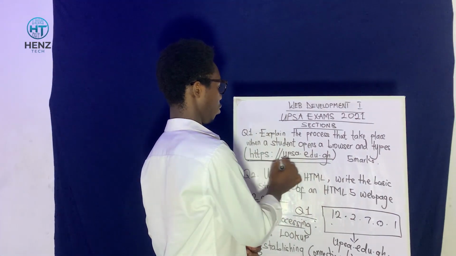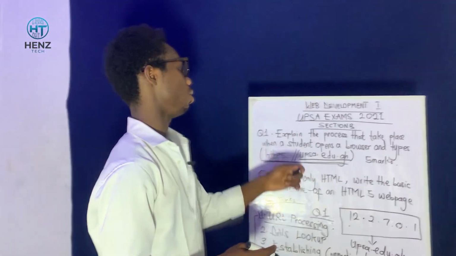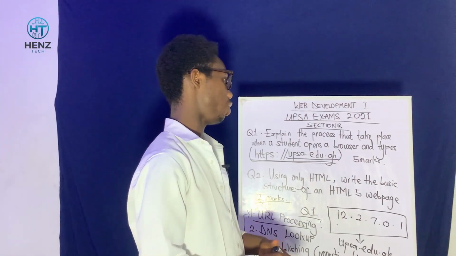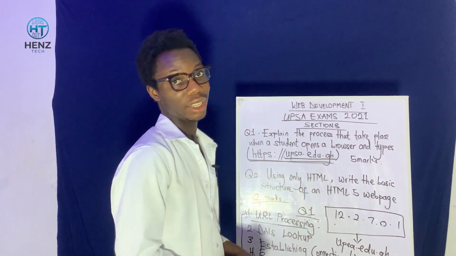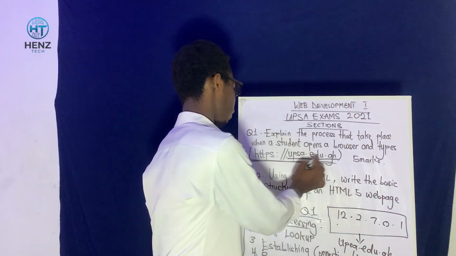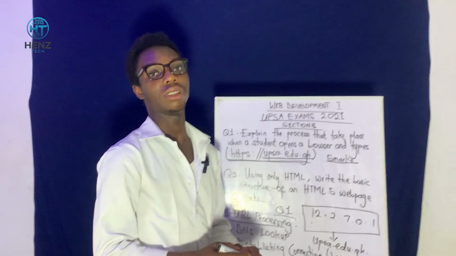Let's say you searched for upsa.edu.gh. So that is question 1 for 5 marks.